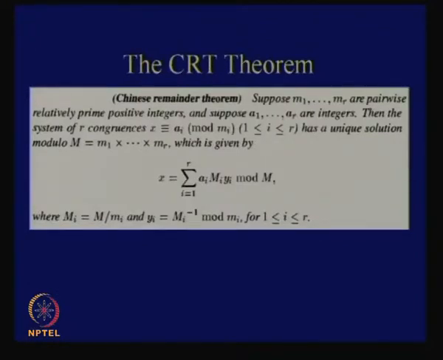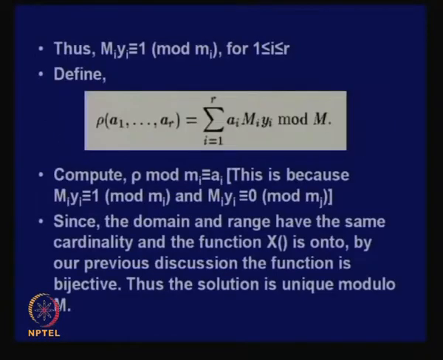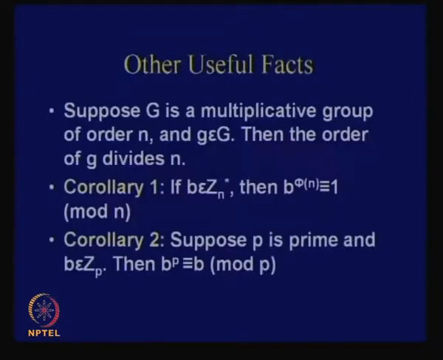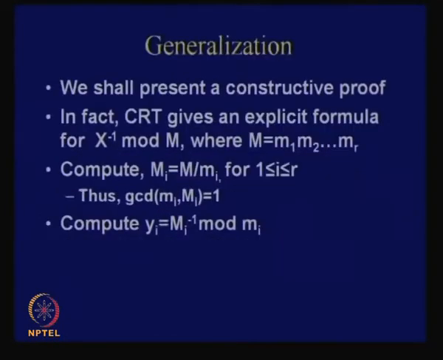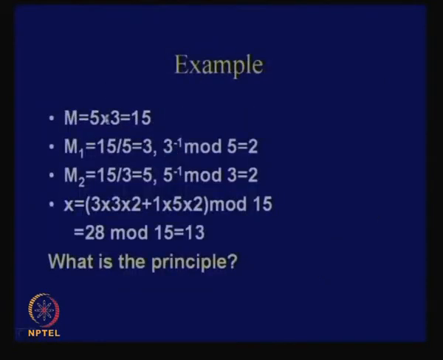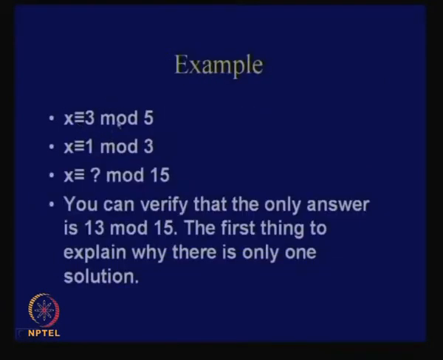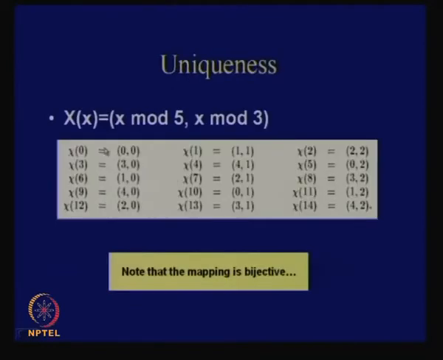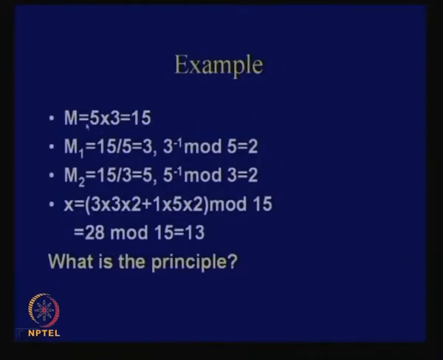Example. I gave you this example just now. What I am interested in computing is x equal to 3 mod 5 and x equal to 1 mod 3. I am interested in computing this mod 15. So I take 5 and 3 and multiply them, I get 15.